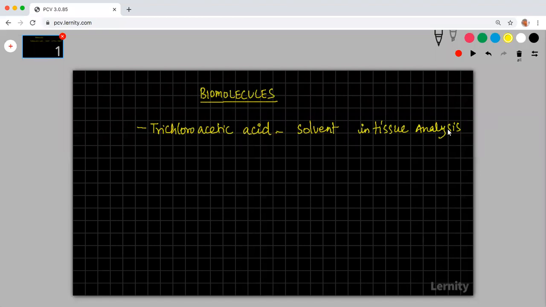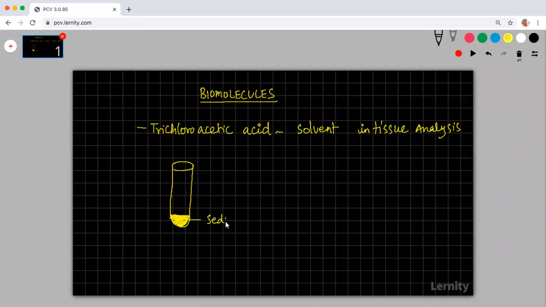So while you're doing a tissue analysis, you will be getting two different things. There are certain things which are insoluble in a solvent, which will be part of the sediment. We call this the sediment. When you are doing a sample analysis, you will get something called a sediment.